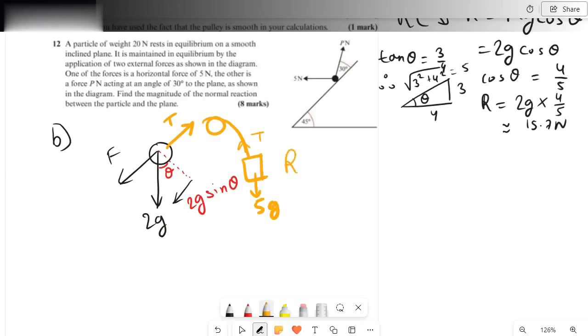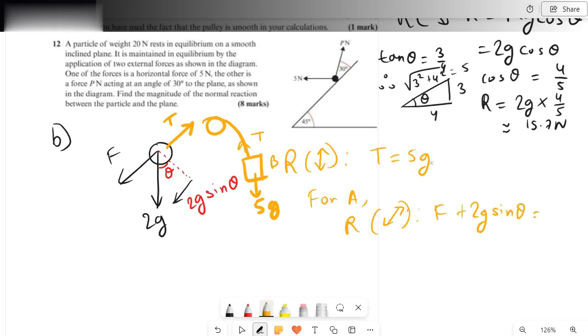So resolving vertically for B, we can say that tension has to be equal to 5g because it is the only force that is balancing the 5g, which is the weight of B. So for A, we can also resolve parallel to the plane and say that F plus 2g sin theta is going to be the tension, which is also 5g.